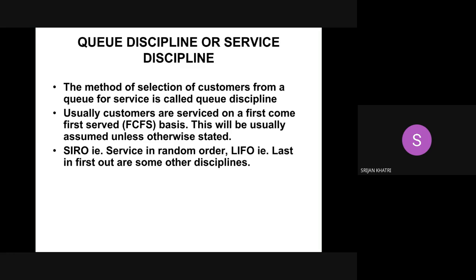Then service in random order, right? Where have you seen service in random order? Any example? Hostel allocation, service in random order. Maybe I do not know about the procedure of the hostel allocation. It could be.